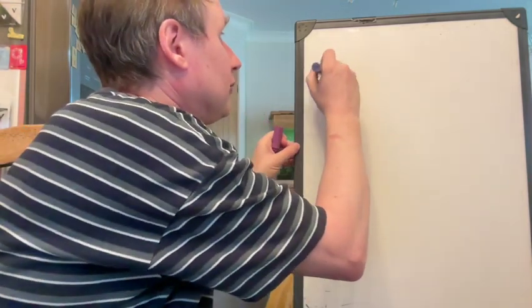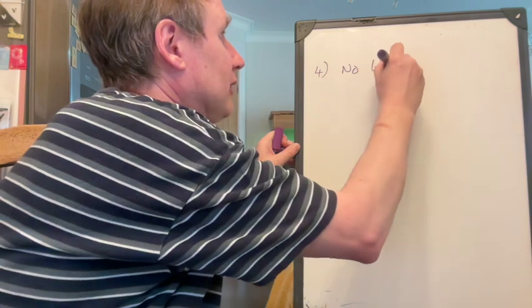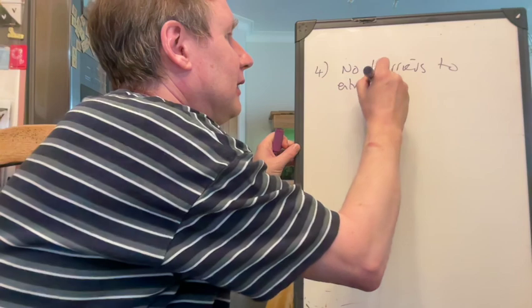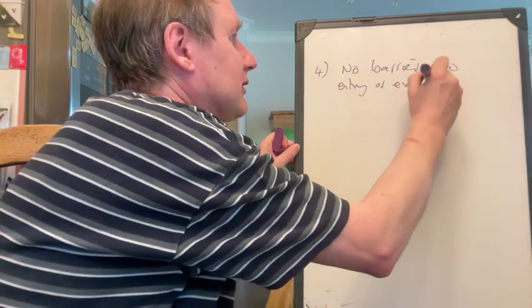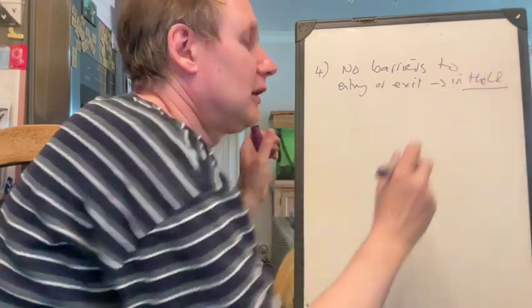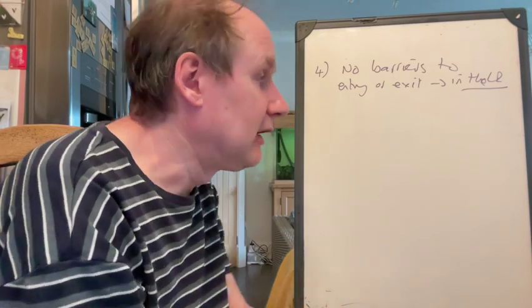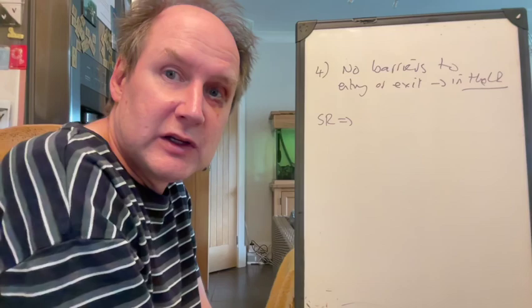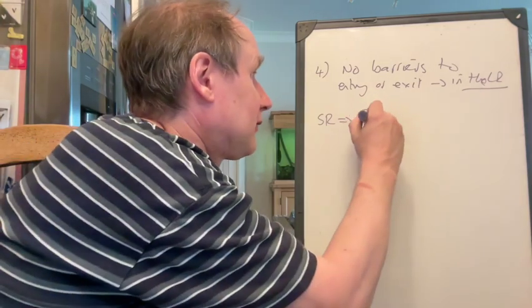Quick clarification about the fourth assumption of perfect competition. The fourth assumption was there are no barriers to entry or exit. Just wanted to make it clear that that's only in the long run. In the short run, in all market structures, there is always a barrier to entry, and that barrier comes from the definition of the short run, which is that there is a fixed factor of production.